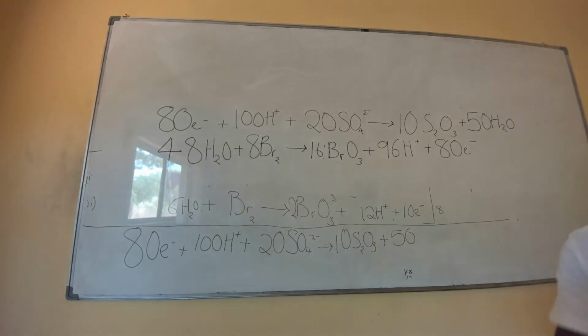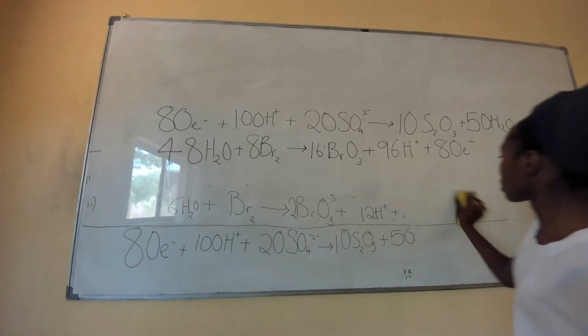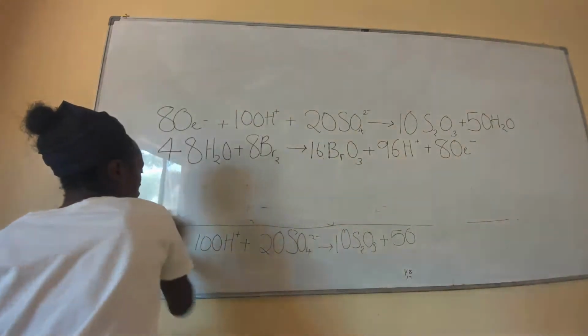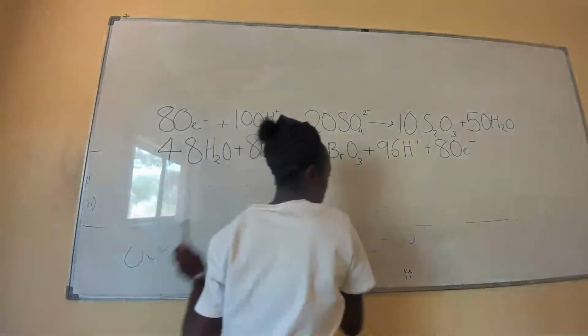So the electrons are now balanced. So they can easily cancel out. We can now cancel out the spectator ion.